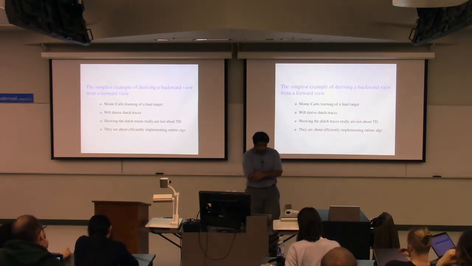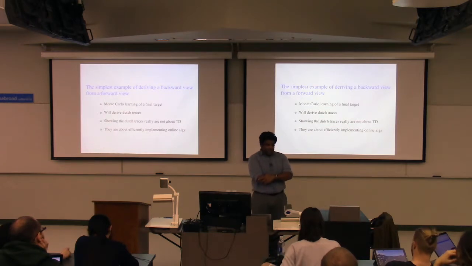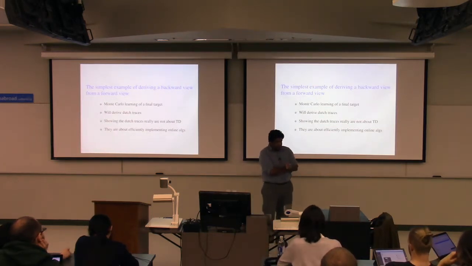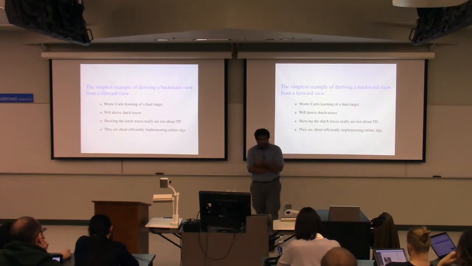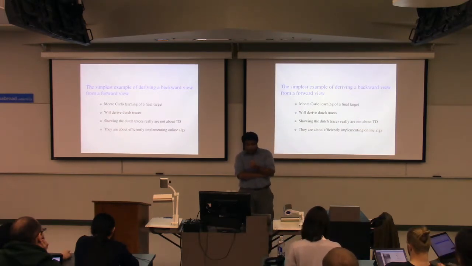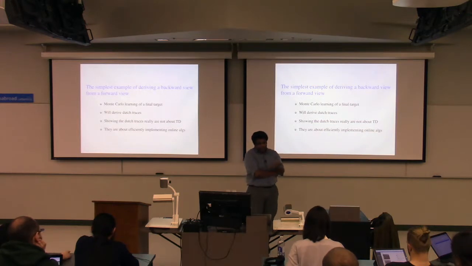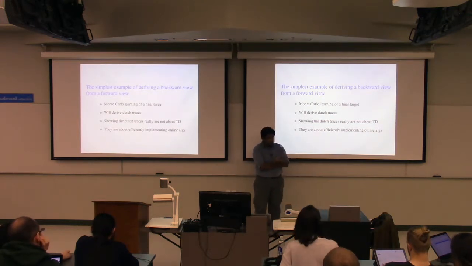So we're not actually going into the details of true online beyond that. What we will go through in more detail is what happens if you wanted an equivalent algorithm for a Monte Carlo return, right?